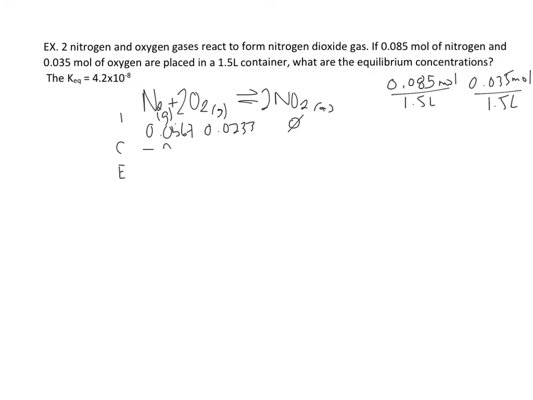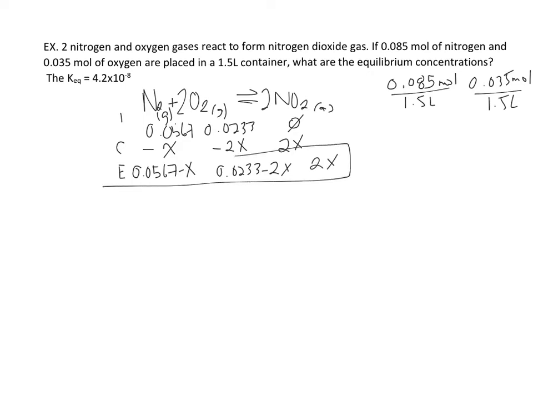So minus x for nitrogen, minus 2x for oxygen, and plus 2x for NO2. So at equilibrium for nitrogen, we have 0.0567 minus x, oxygen 0.0233 minus 2x, and nitrogen dioxide is 2x. Okay.